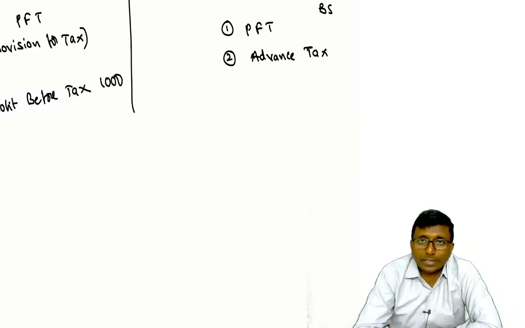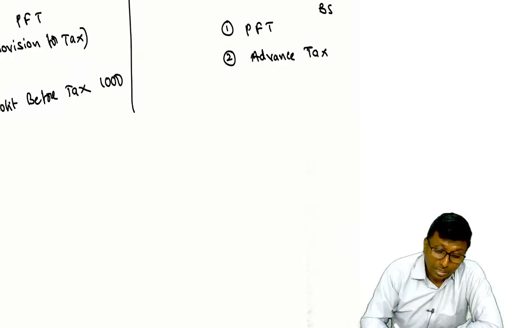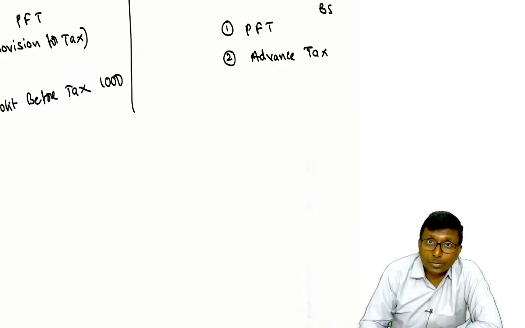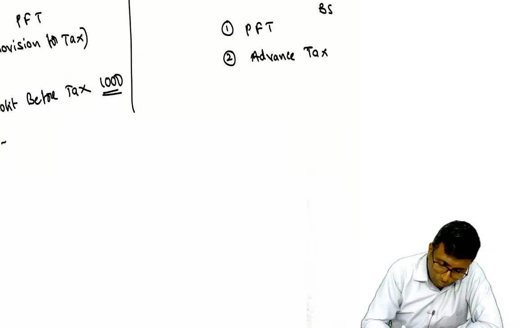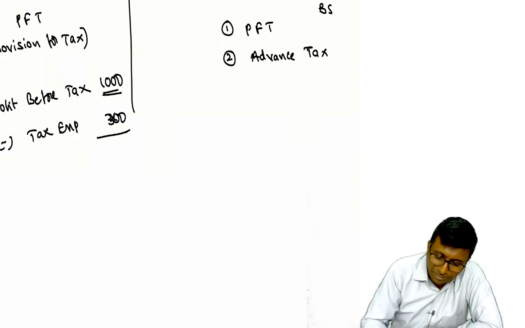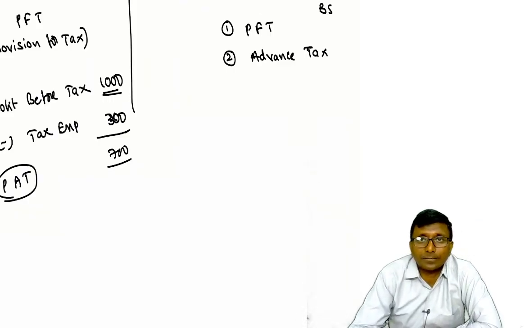So taxation, where do you show tax expense? Are you supposed to pay tax? Yes, you have to pay tax, so this is an expenditure. Below, under expenditure, we will write tax expense, some number, say 300 rupees, 30%. This is provision. This is profit after tax, PAT.